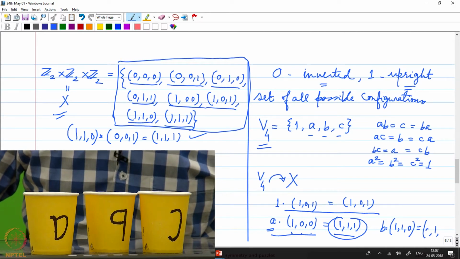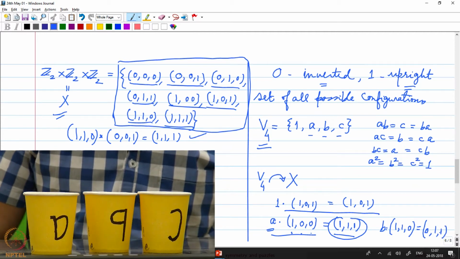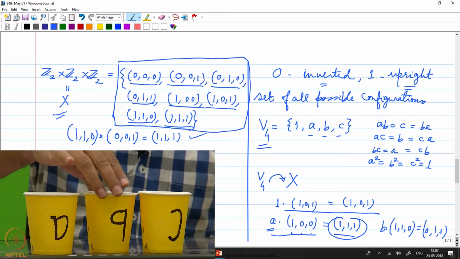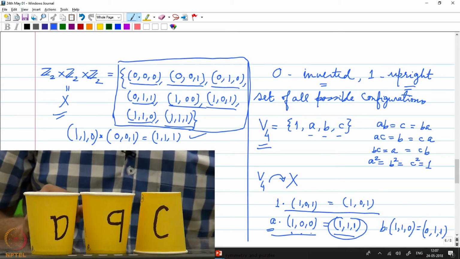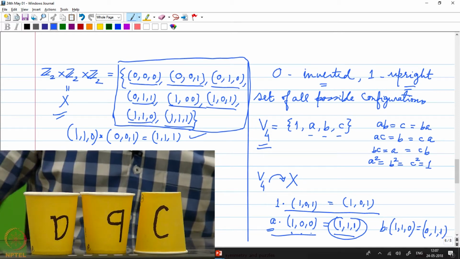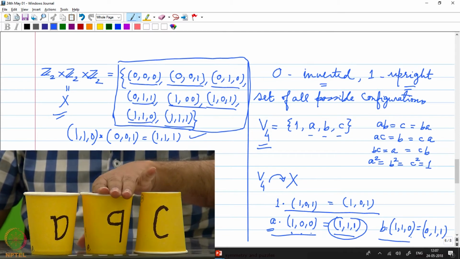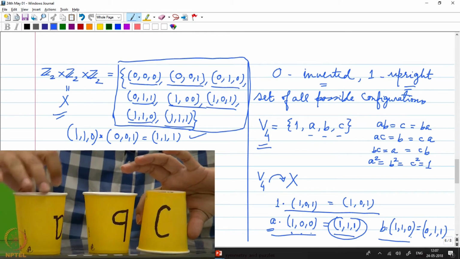So 1 becomes 0 and this 0 becomes 1. So it becomes 0 1 1. So let us see. The 1 1 0 means A is upright, B is upright, C is inverted. And when B is acting on 1 1 0, I am just fixing this, I am not touching it, and the other two I will just swap.